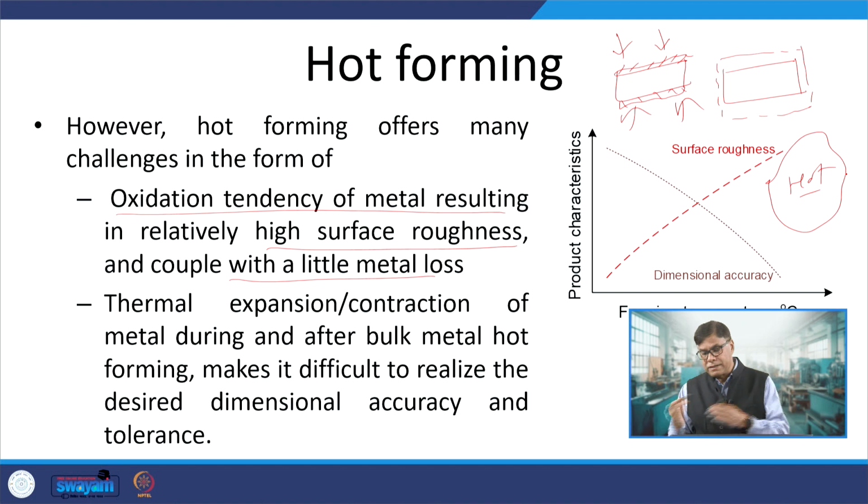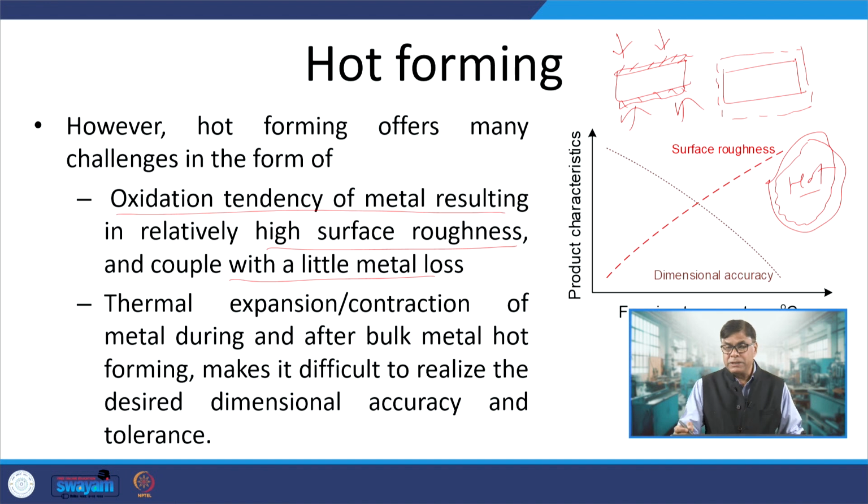Now, after processing it will be cooled. So, again due to the contraction there will be a reduction in the dimensions. So, the expansion and the plastic deformation, which is permanent, are carried out at a higher temperature, but later on when the metal or the semi-processed or finished product is cooled, there will be shrinkage, and that shrinkage will again lead to a change in dimensions.